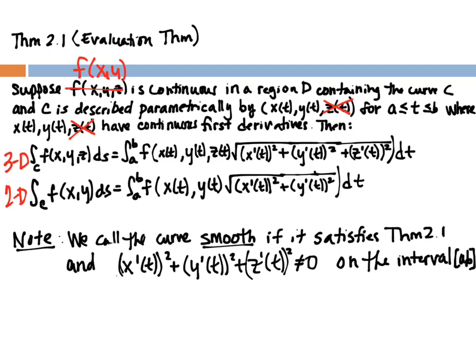Close, not just lines, constants. Lines have slope, at least potentially a non-zero slope. So in order for this to fail, we would have to start out with just constants: a constant at x, a constant at y, a constant at z. And the two-dimensional version of this, of course, looks the same, but it doesn't have the z component.